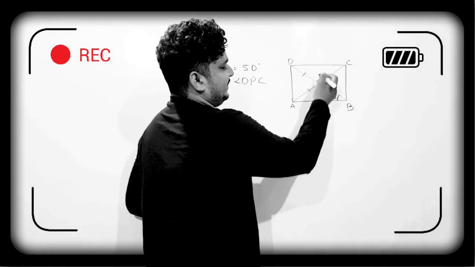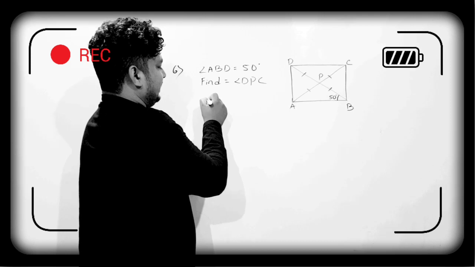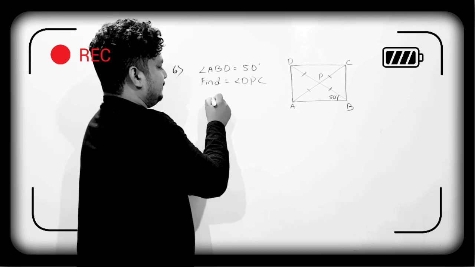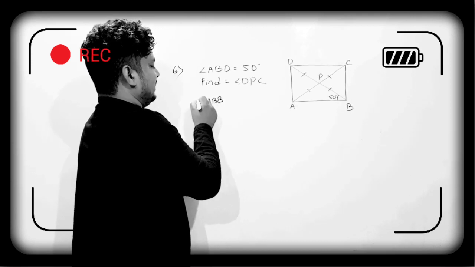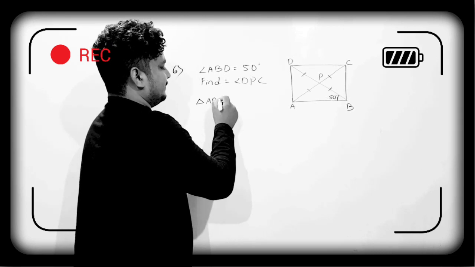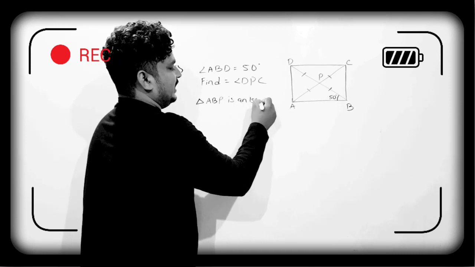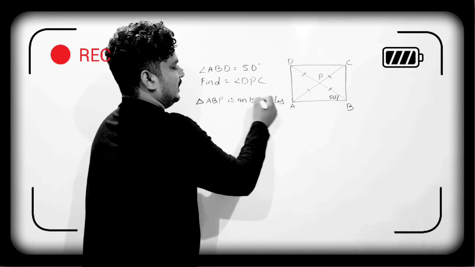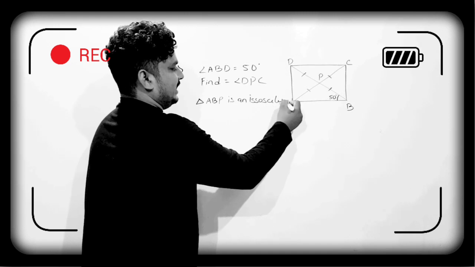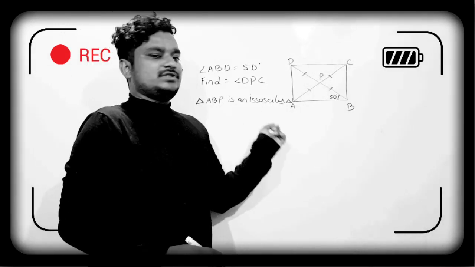triangle ABP, or APB, is an isosceles triangle.